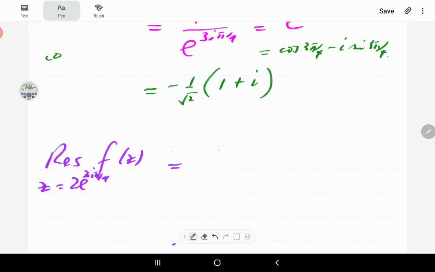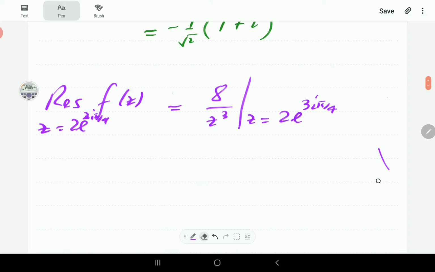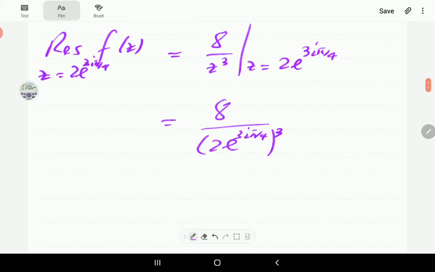So here, if we simply plug in z equals 2e to the 3i pi on 4, this time it's going to be 8 over 2e to the 3i pi on 4 cubed.